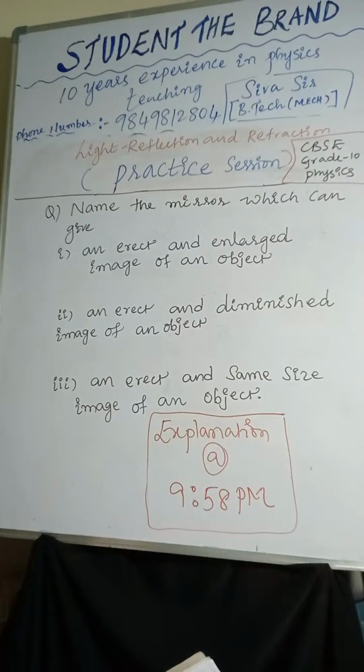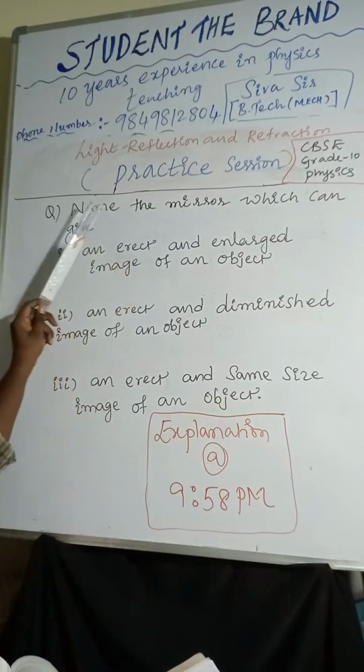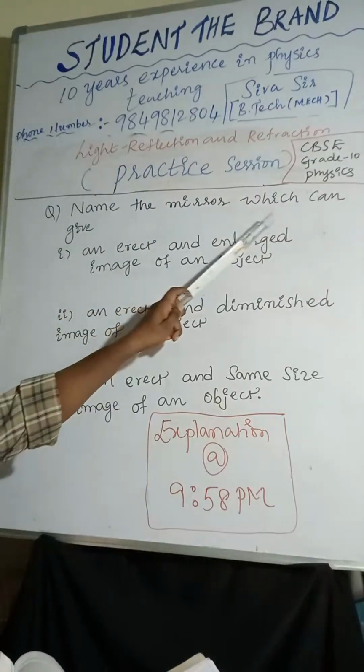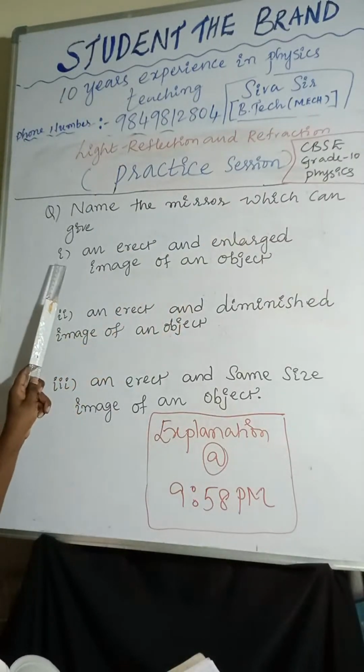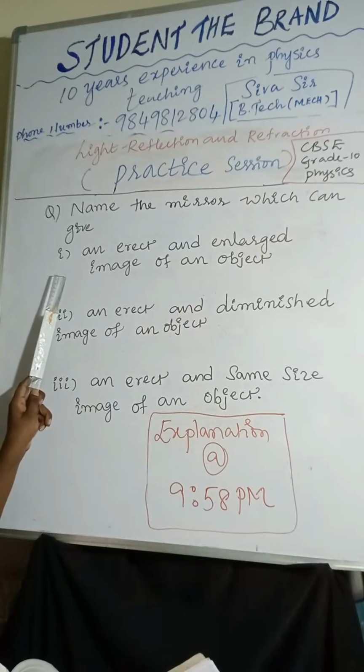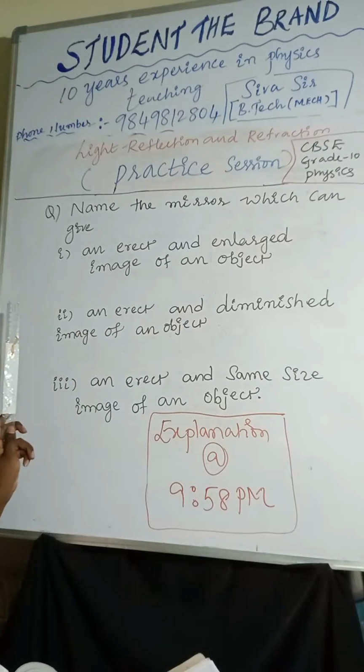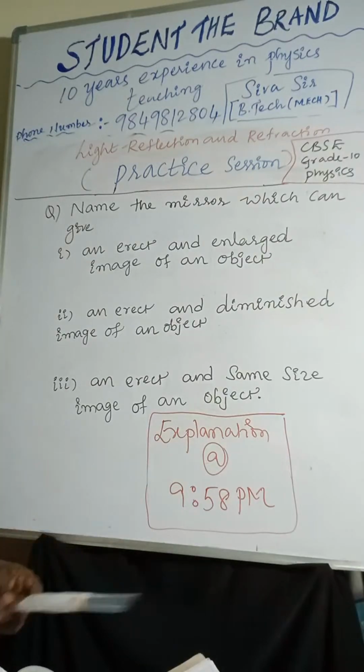So hi everyone, welcome to the class. Three more minutes, try to answer it. Name the mirror which can give an erect and enlarged image of an object, an erect and diminished image of an object, an erect and same size image of an object.